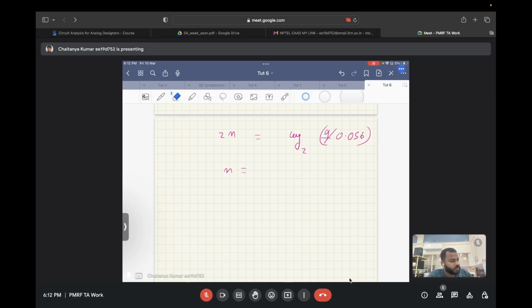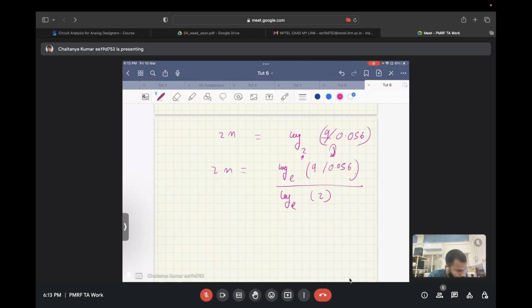So here you got 2n is equal to this thing. Generally, if you want to calculate the log of some random base, I hope you will be knowing this: you can calculate log to the base e of this divided by log to the base e of 2. So this and this are equivalent. I hope you know this from your theory of logarithms and all.